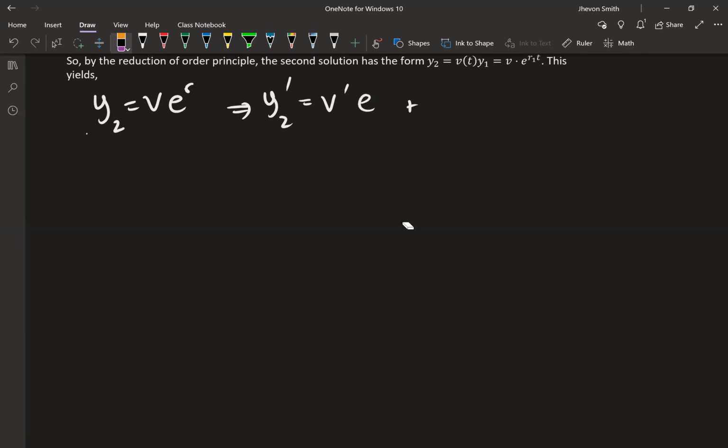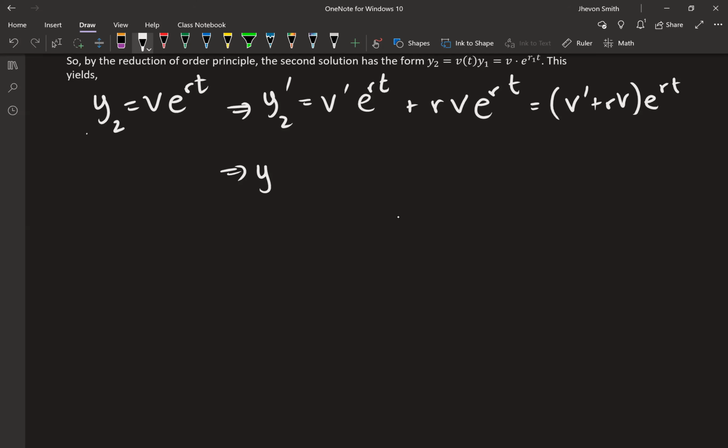It's really r1, but let me use r because I can't be bothered writing r1 the whole time. By the product rule, differentiate the v, leave the e to the rt, plus leave the v, differentiate the e to the rt. So that would give me v prime plus rv times e to the rt.